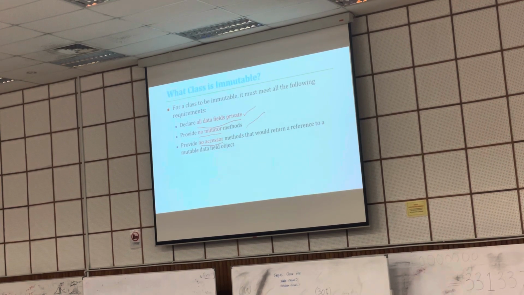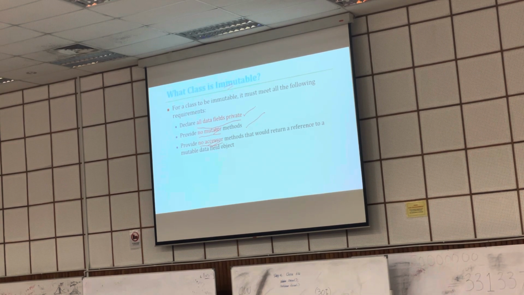So remove all this: no accessor, no mutator, private data fields. You can make it immutable. Only removing the mutator does not necessarily make it immutable. Do all this, yes. This one definitely. Otherwise, it can be changed.